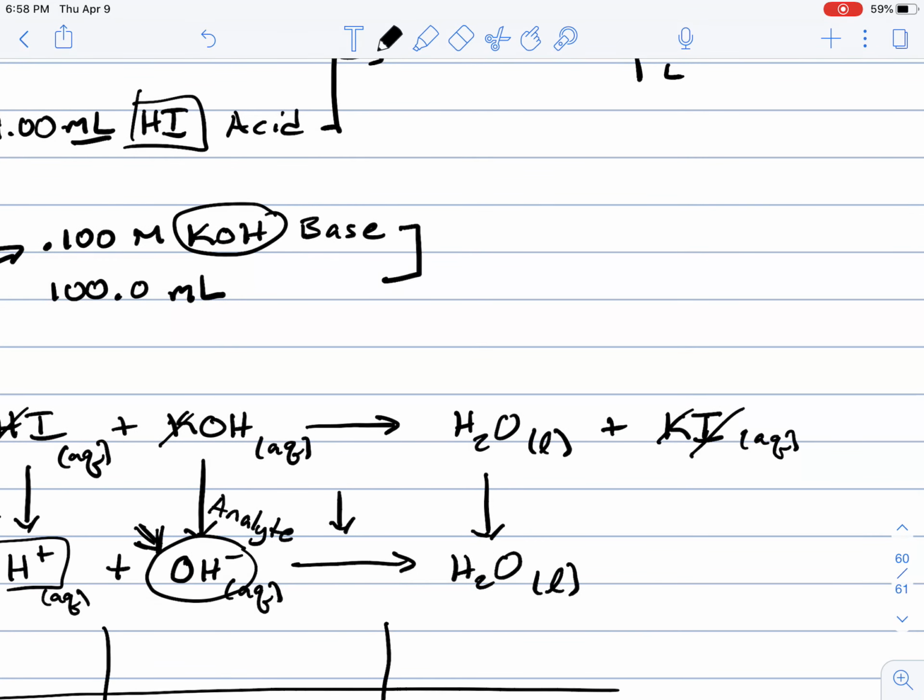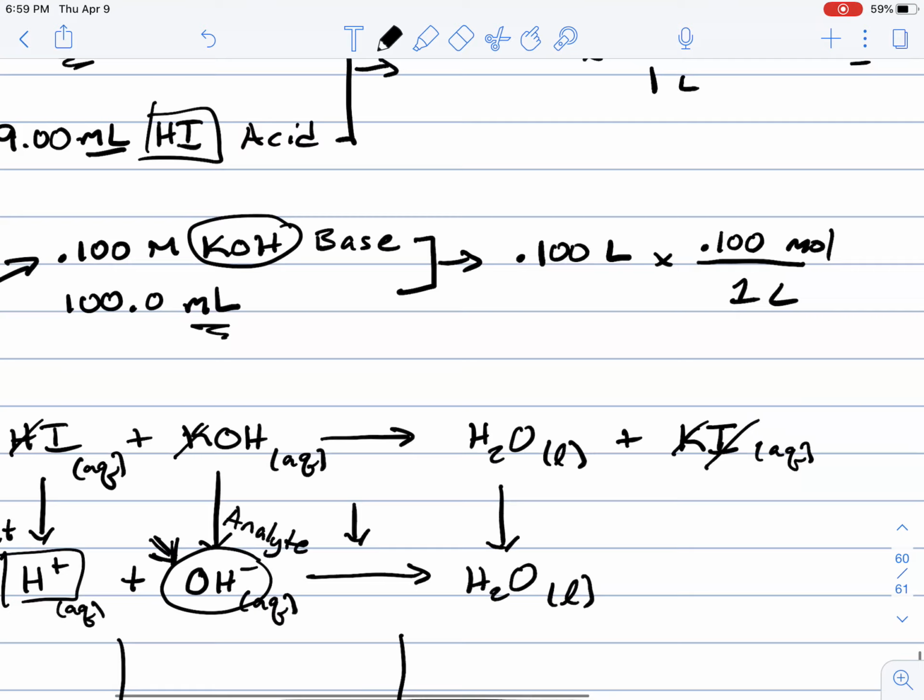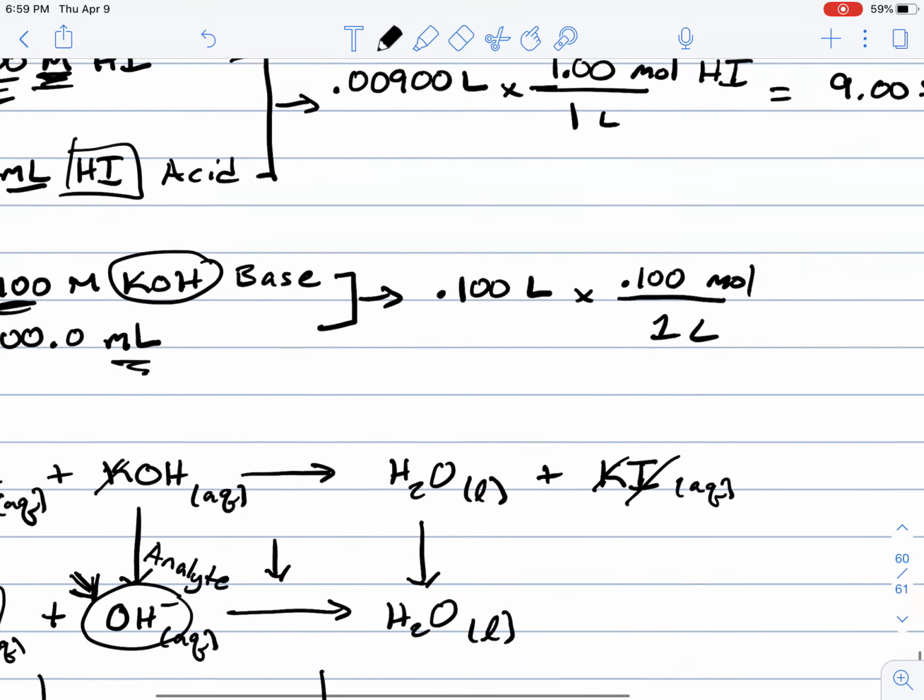So for the base, I'm going to do the same thing and figure out the number of moles. I'm going to move the decimal place 3 times to the left to convert milliliters to liters. So 0.100 liters times 0.100 moles over 1 liter. I'm grabbing that 0.100 from that value.